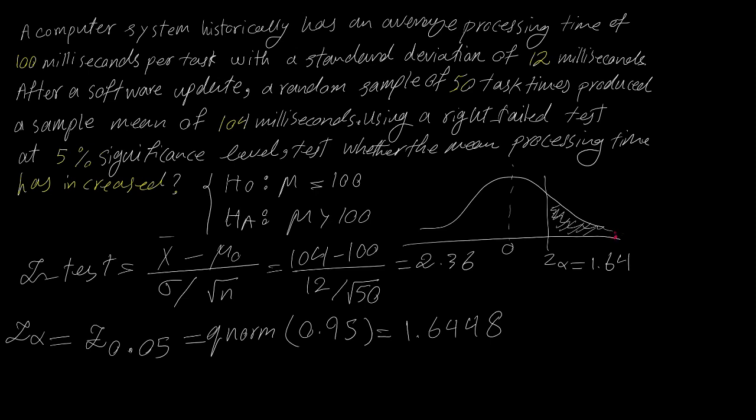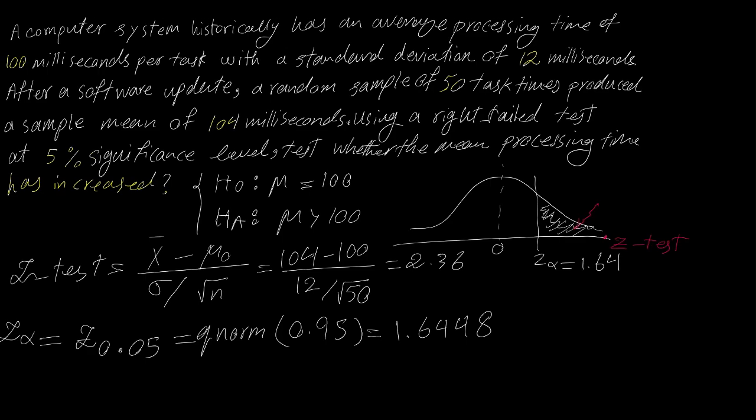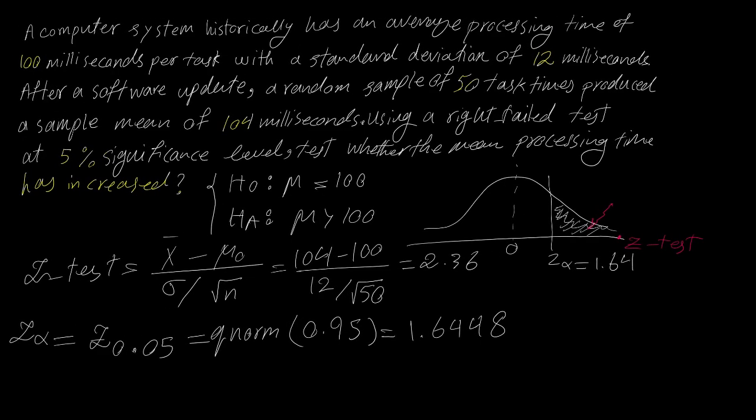So the z-test from the test statistic is here, and as you see, it is greater than z of alpha, and we are in the rejection area because this part is the rejection area. So we need to reject the null hypothesis.